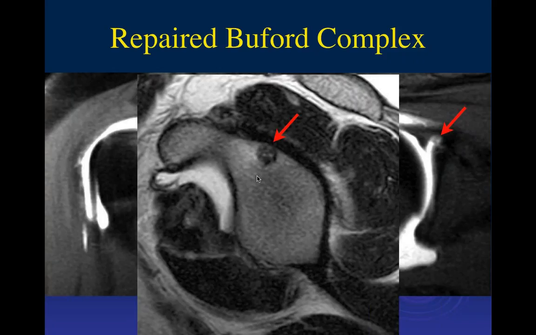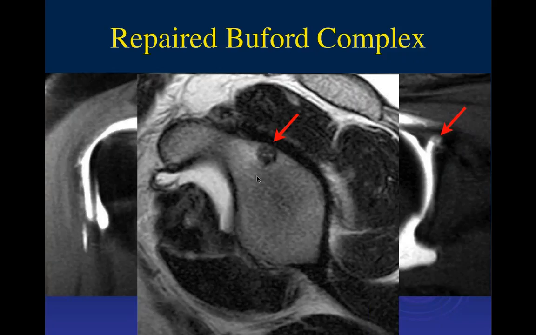One has to remember that the capsule around the shoulder joint is very loose and quite thin, and the ligaments are the only things that you actually see on MRI and they're basically a thickening of the capsule for the most part.